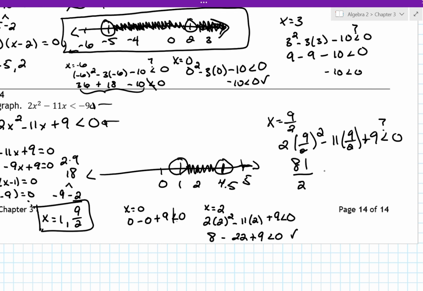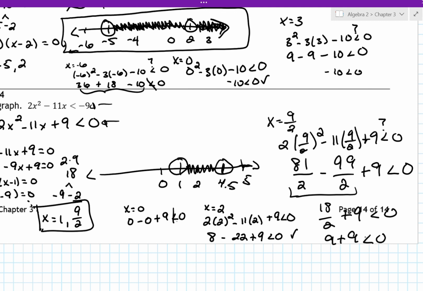Yep, 81 halves minus 99 halves plus 9 is less than 0. And what is that going to give me? Right, that would be negative 18 halves plus 9 is less than 0. That's negative 9 plus 9 is less than 0. That is not a true statement. So we are not going to shade the edge there. So we're just shading right there in the middle.